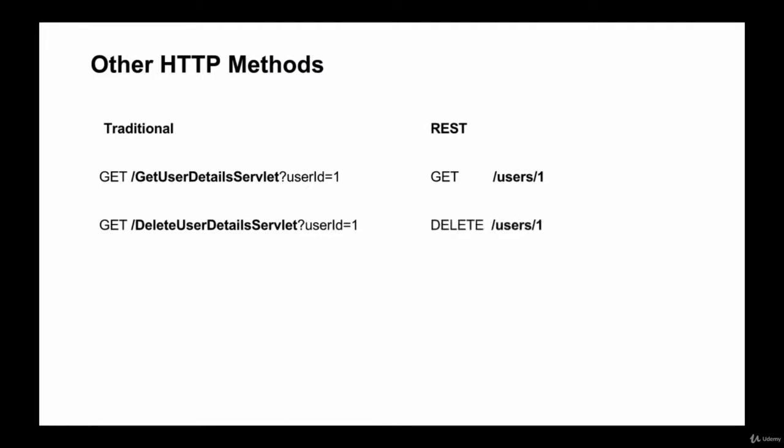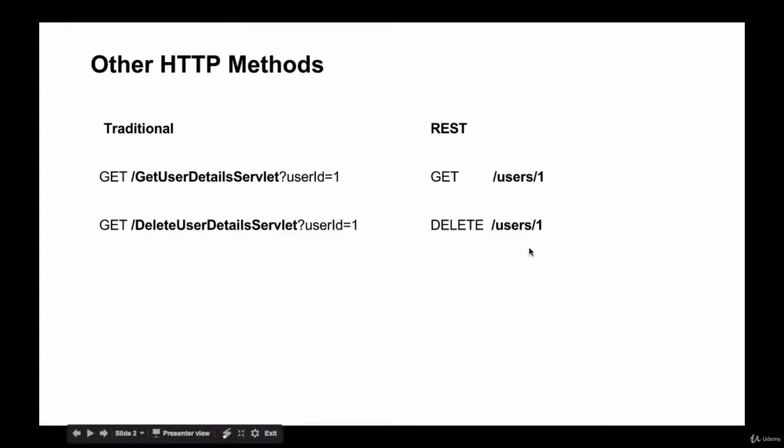And if we look at the RESTful style, the URI looks exactly the same, and what changes is just the HTTP method. To get user details, we will use the HTTP GET method, but to delete user details, we will use HTTP DELETE. Traditionally, we will still perform the HTTP GET method, but the action will be included in the script name or the URI path.